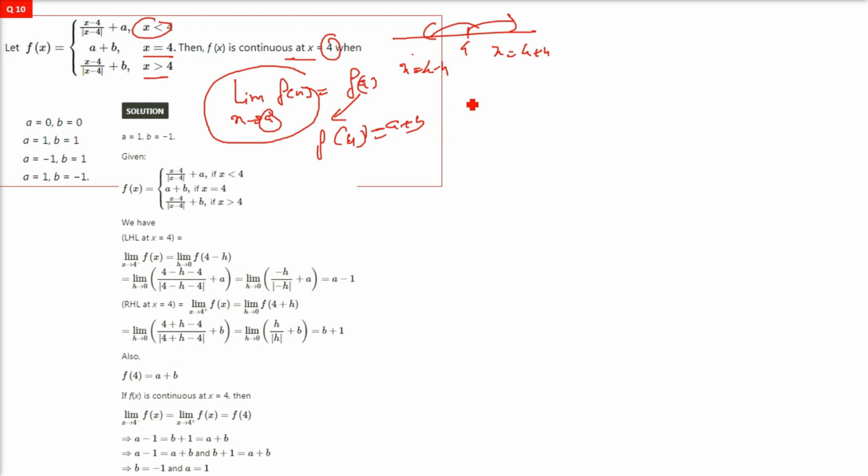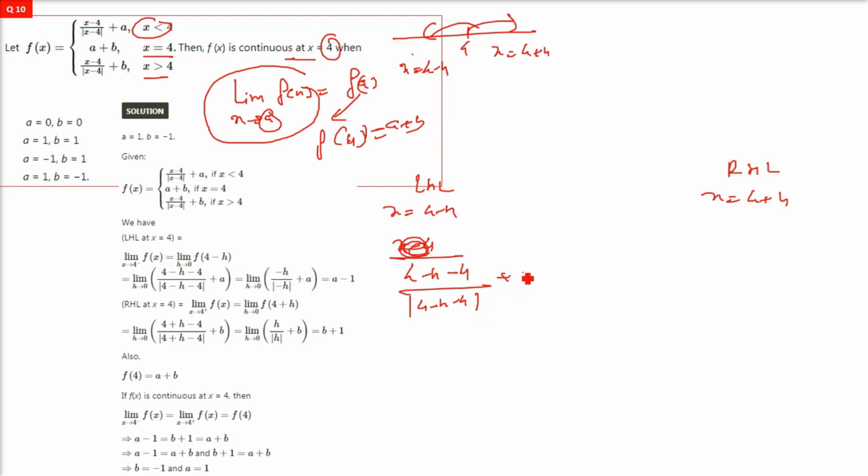Now, let us see what we can do here. We will do the LHL and RHL, left hand limit and right hand limit, together. x we have to place as 4 minus h, and x equals 4 plus h in case of LHL and RHL, as I indicated. x minus 4, I am replacing it now: (4 minus h minus 4) divided by mod of (4 minus h minus 4) plus a.